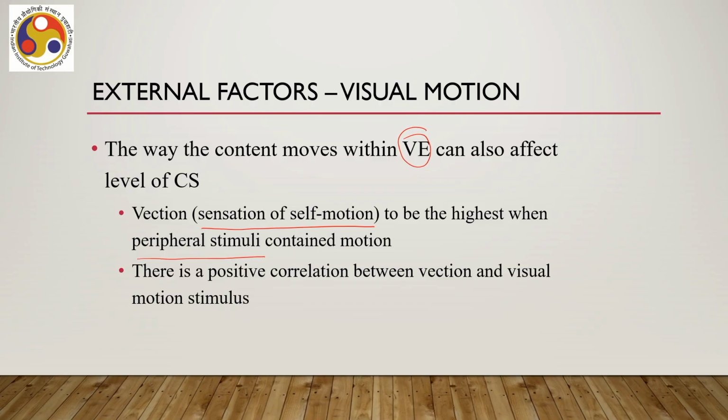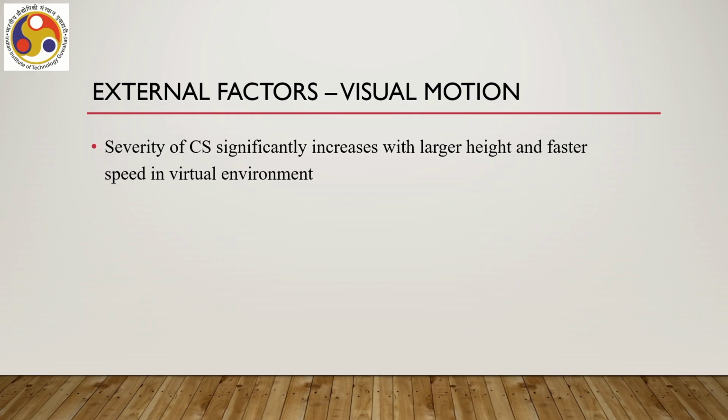And it has been found that there is a positive correlation between vection and visual motion stimulus. So, that positive correlation indicates that visual motion plays a crucial role in the overall onset and severity of cybersickness.